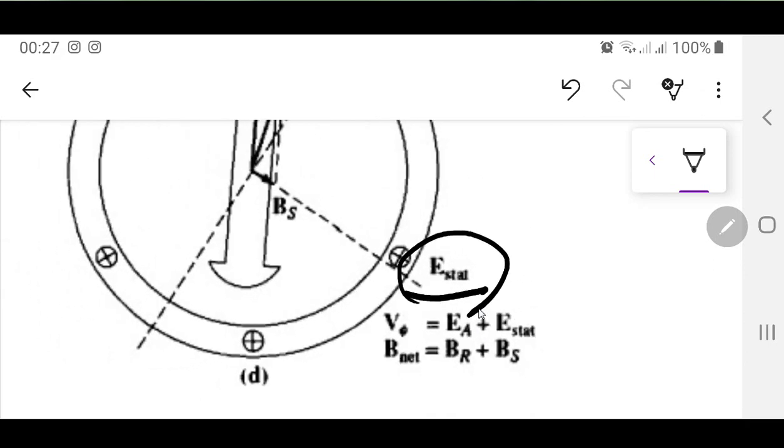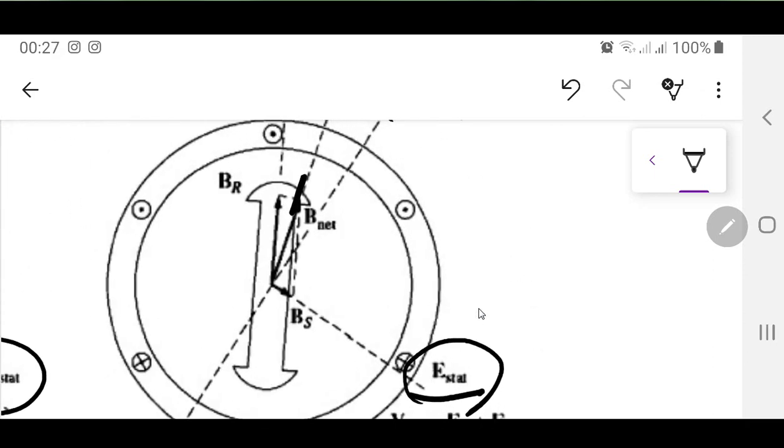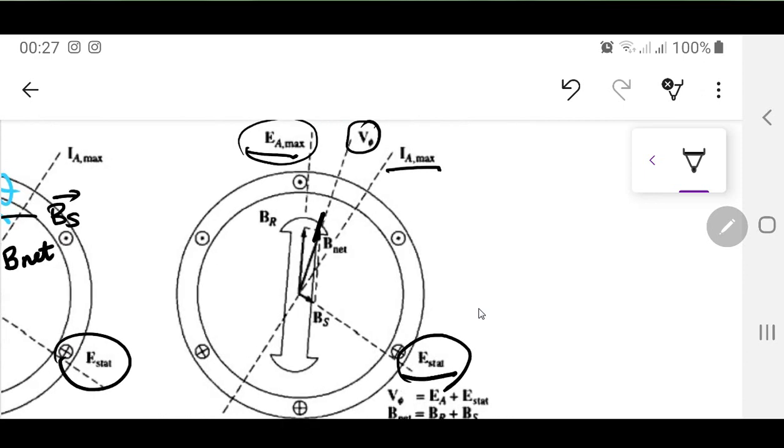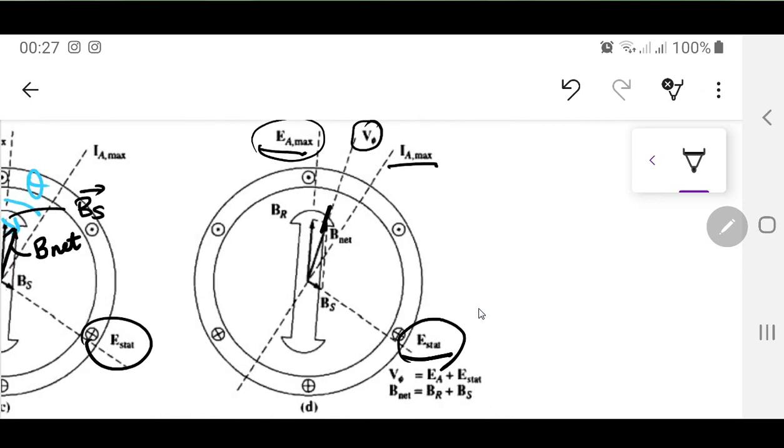So what is happening inside your machine is that when the load is connected, you have a current. That current is lagging in nature. That current produces BS, and because of that BS, you have E stat voltage produced over there. That E stat plus the induced EMF because of the main field gives rise to V phase.